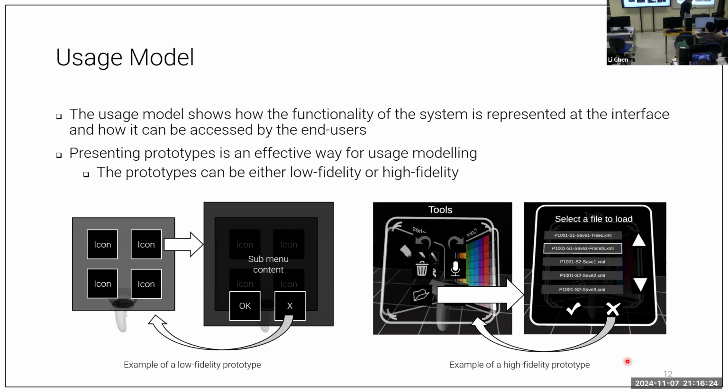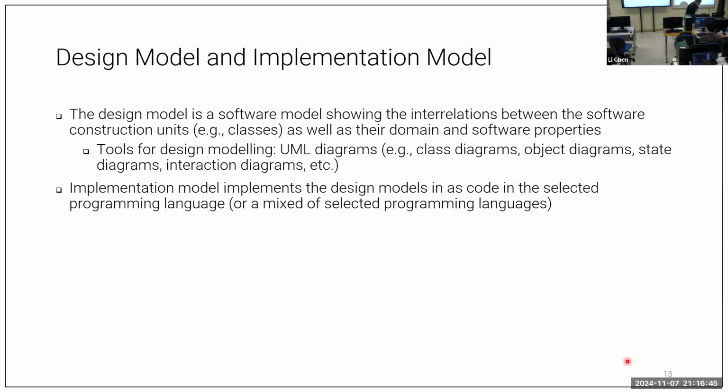So this is a great example for usage modeling. If you are dealing with traditional modeling tools like use cases, they may not fully help you explain the usage to your client, right? So this is a great way, using low fidelity and high fidelity prototypes.